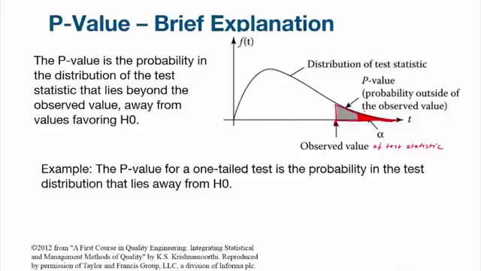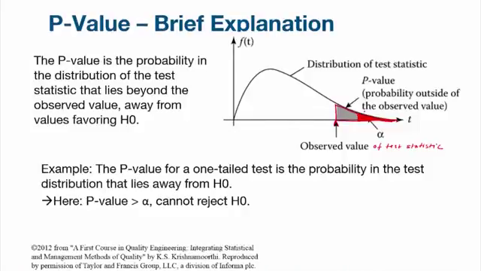So we find the p-value by calculating the probability in the test distribution that lies away from the null hypothesis. And here we see this area, this probability, is greater than the probability that we've chosen for alpha. And we cannot then reject the null hypothesis.